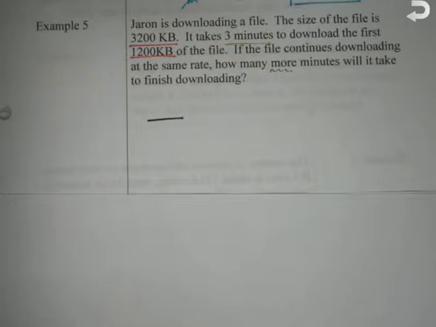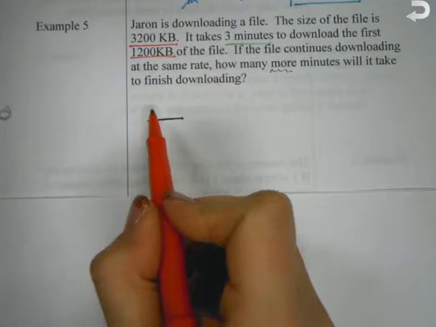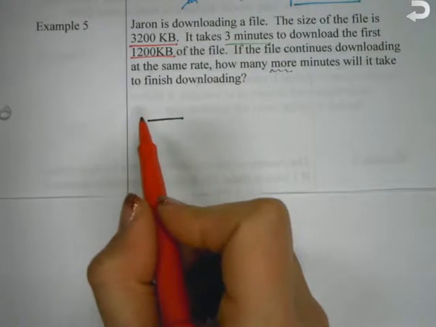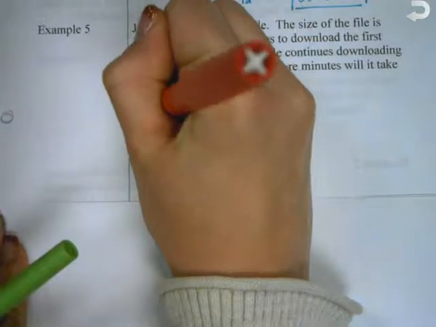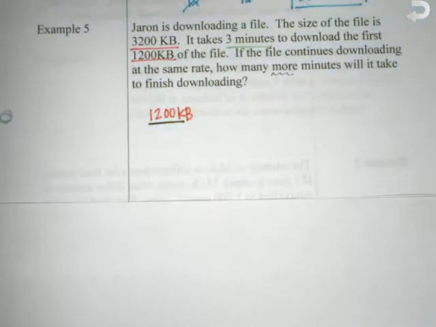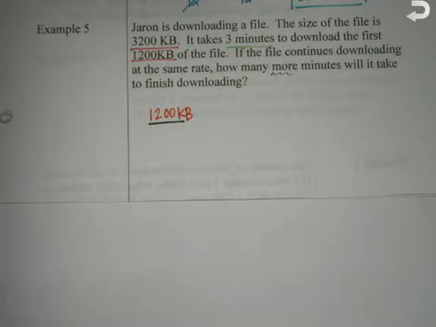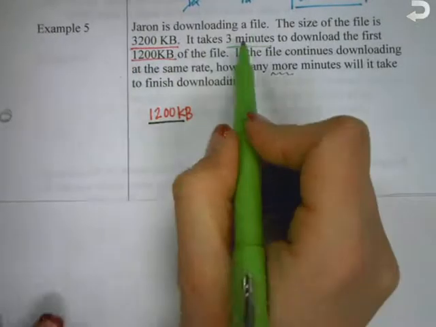What's going to go on top here of our first ratio? 1,200, because that's how much we know how long it's taken. So we're going to put 1,200 kilobytes on top. How long did it take to do 1,200 kilobytes? 3 minutes. Okay. It took us 3 minutes to do the 1,200 kilobytes.